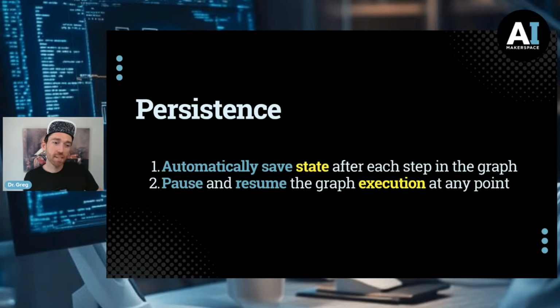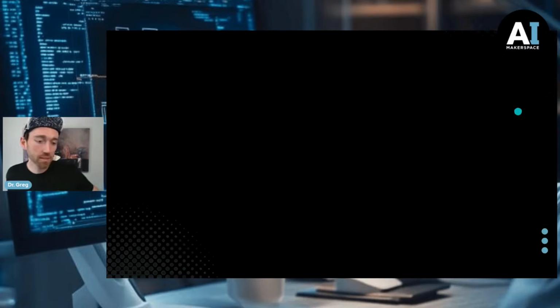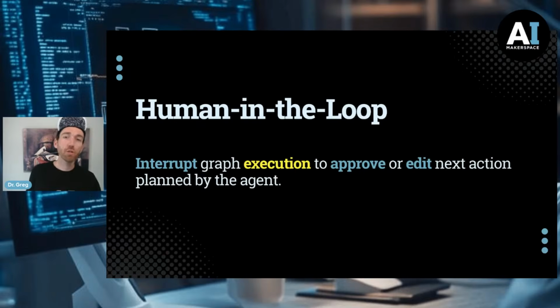Persistence allows us to automatically save the state after each step in a graph. And it allows us to pause and to resume graph execution at any point. So state persists here.